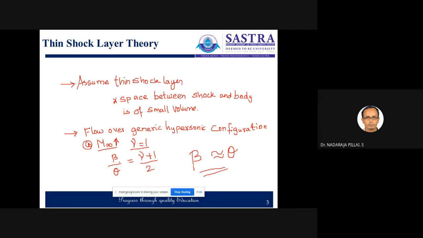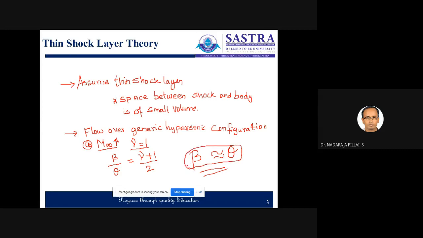The assumption is that the shock layer is so thin that the space between the shock and the body is of very small volume, and the flow over a generic hypersonic configuration is at a very high Mach number M infinity, and the specific heat ratio gamma tends to 1, then β/θ is equal to (γ+1)/2, which will become β almost equal to θ, right?